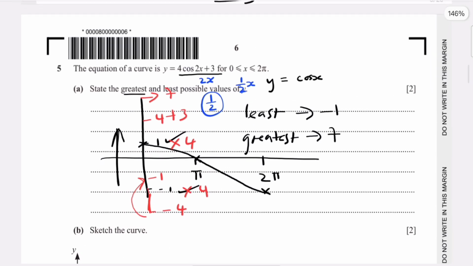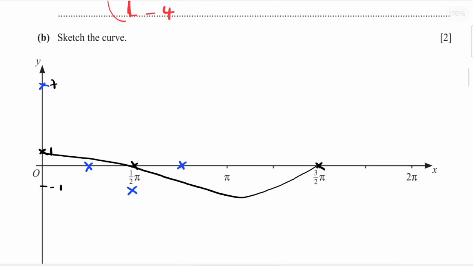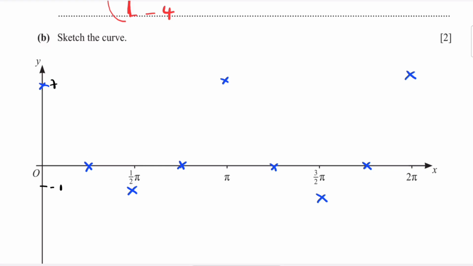But since we're going from 0 to 2 pi, we have to continue this, right? So if we look at the pattern, the next point will be at 7, and the next one will be here, the next one will be here, here, and here, right? So let me just rub this one out. So joining these points, we get a graph that looks like this.